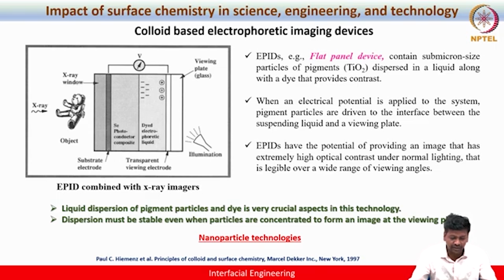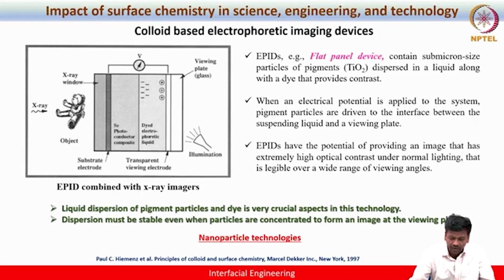So next is the surface chemistry from the imaging device point of view. Gone are the days when we used picture tubes in TVs, right? Nowadays those picture tubes are replaced by liquid crystal devices, LCD.